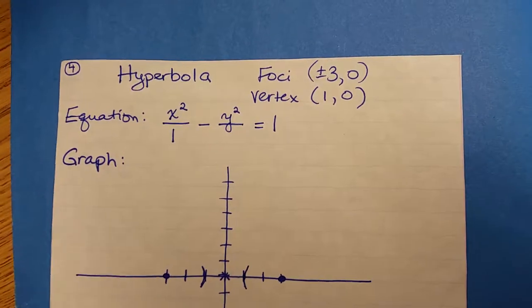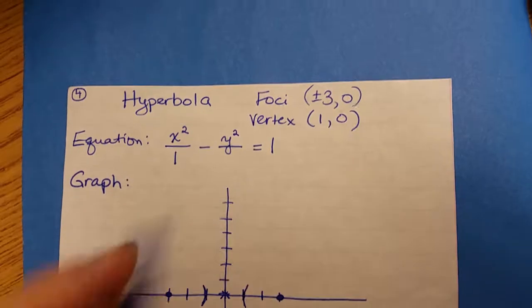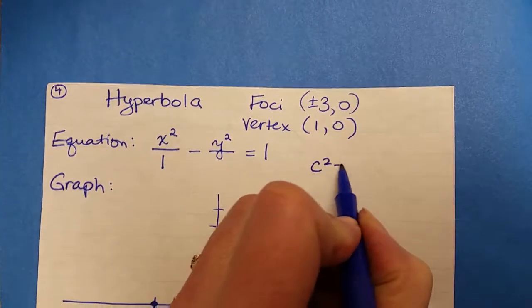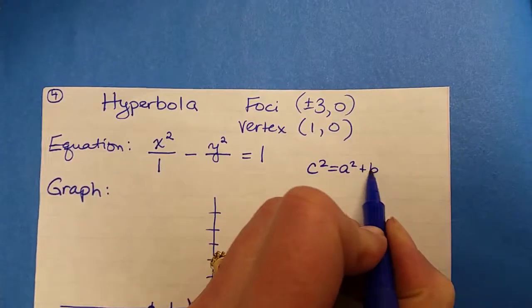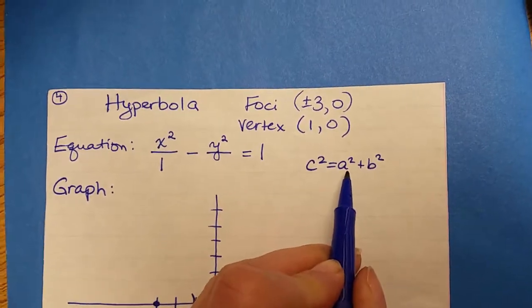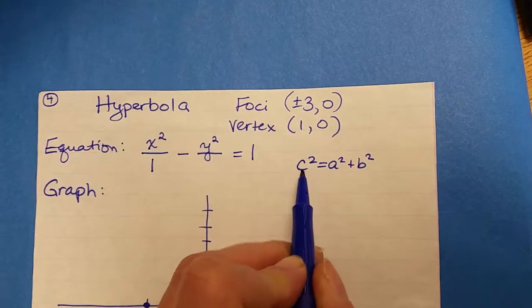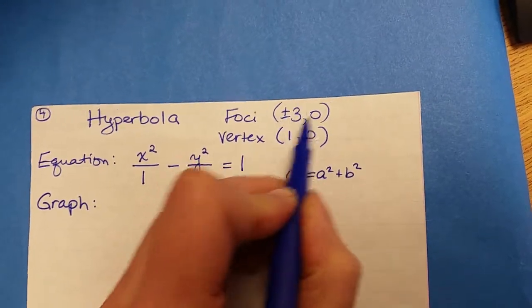All right, so similarly to the ellipse, we have a relationship between the a, b, and c, and it is c squared equals a squared plus b squared. Now you can notice it doesn't matter which one's a, which one's b, because the commutative property is an application here. All that matters is that this number is the focal distance.